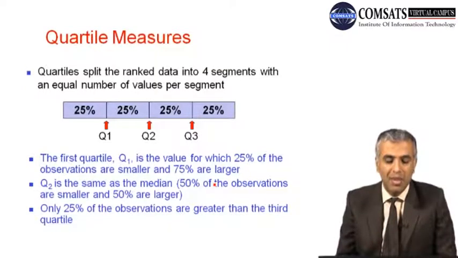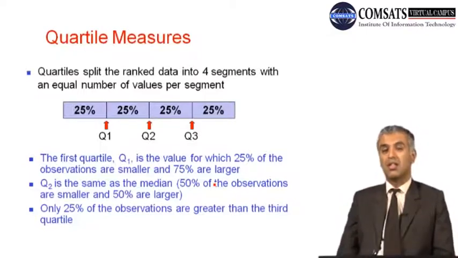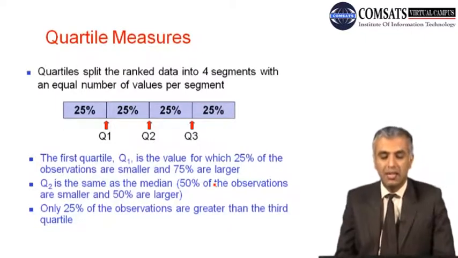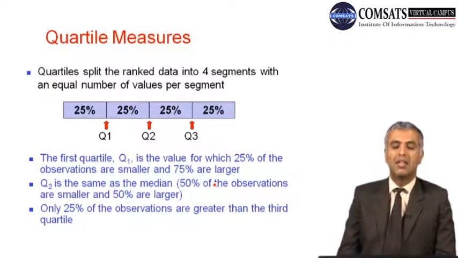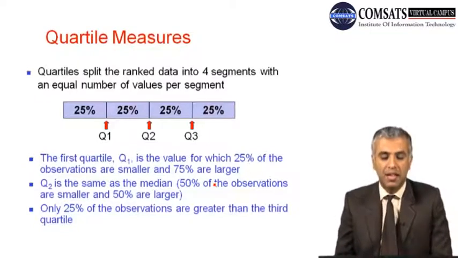In each quartile there are 25% of the data set, and in total there are 3 quartiles, each represented by the separation bar presented here.